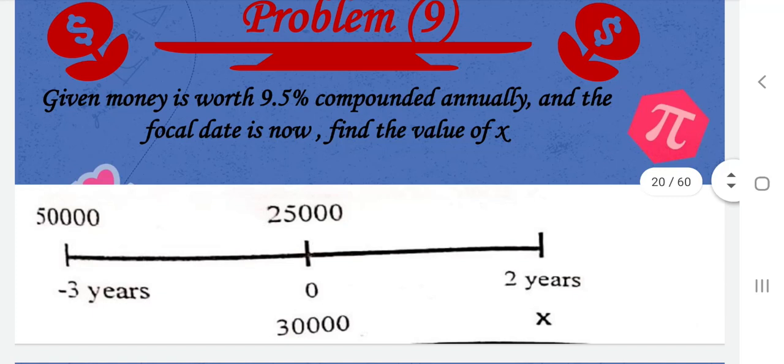The main formula, O1 plus O2 equal N1 plus again amount or future value for $50,000 plus $25,000 equal $30,000 plus present value for X.